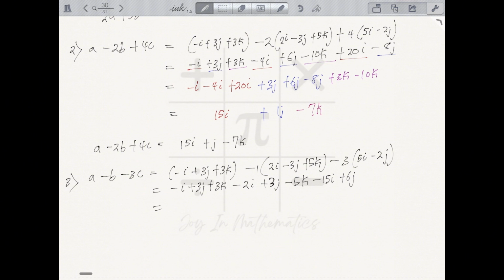Now the next thing to do is to collect like terms. So this is minus i minus 2i minus 15i. Moving on to the j component, plus 3j plus 3j plus 6j.